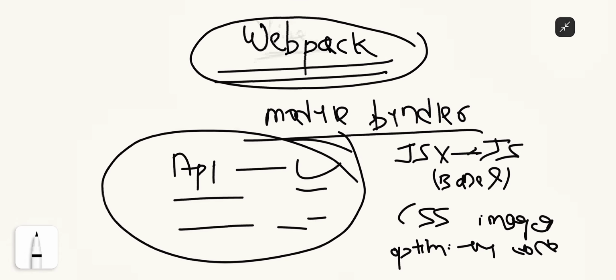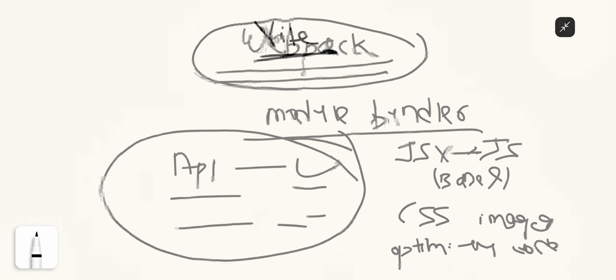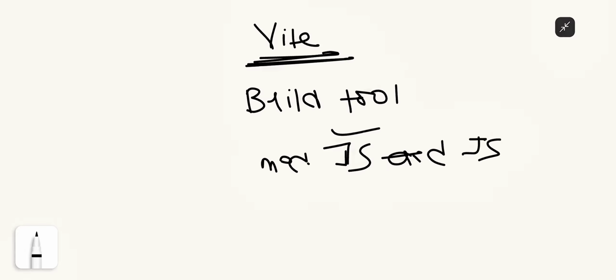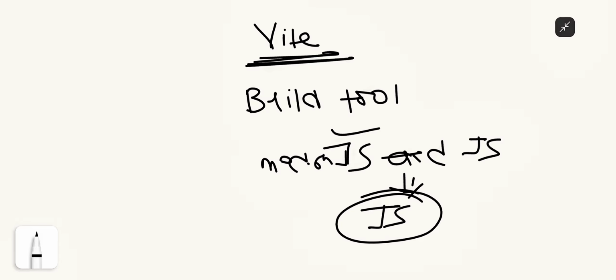Let's move ahead. This is the last topic of today's video. What is Vite? Vite is a front-end build tool that provides a faster development server and compiles modern JS and JSX into older, classic JavaScript, which can be understood by our browsers.